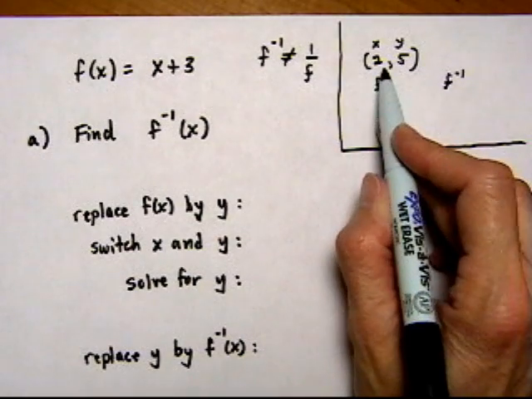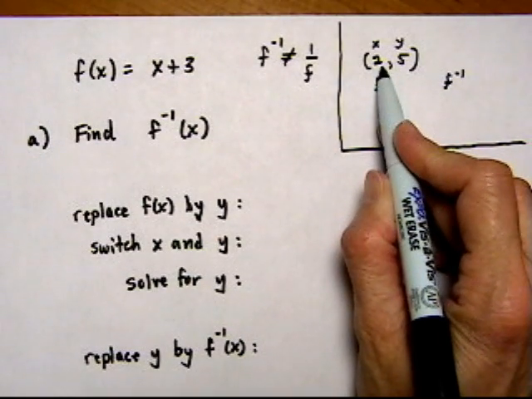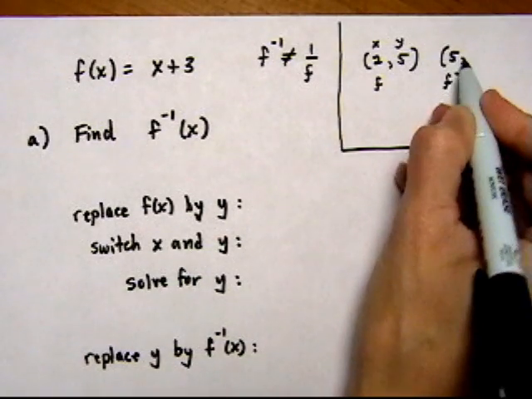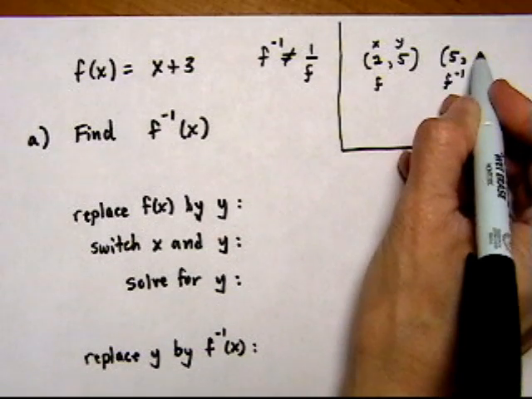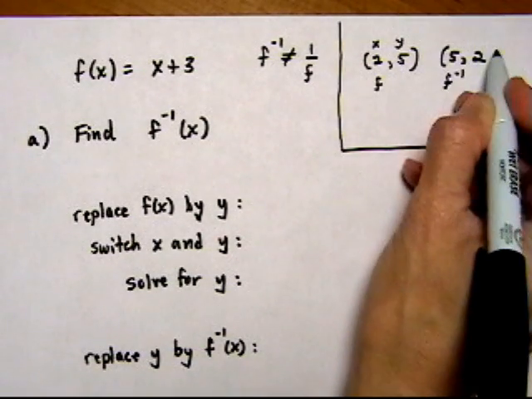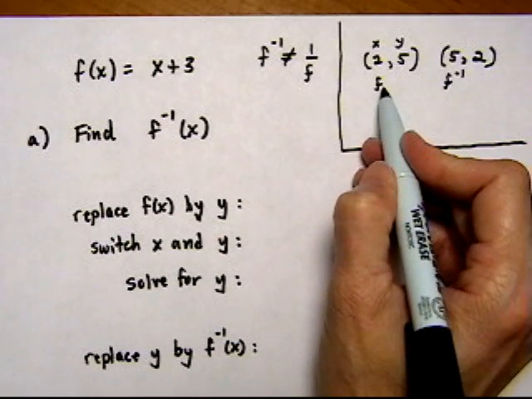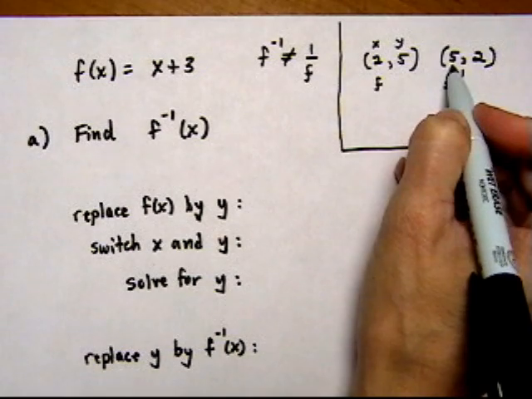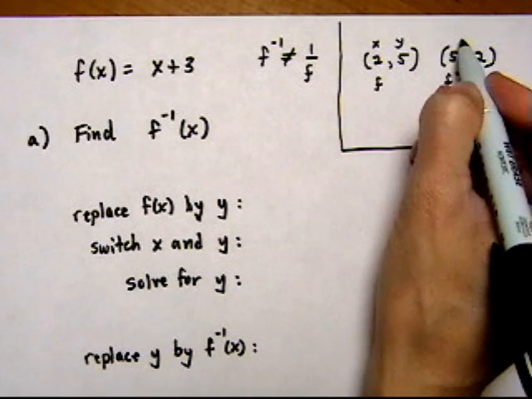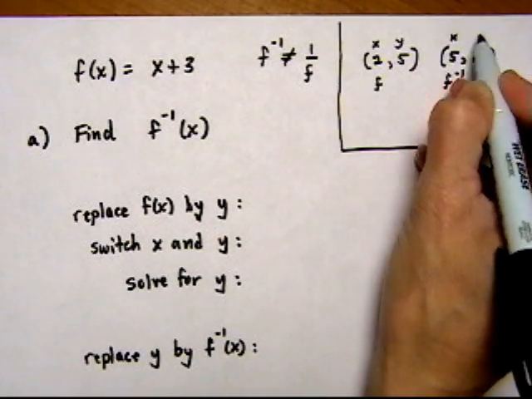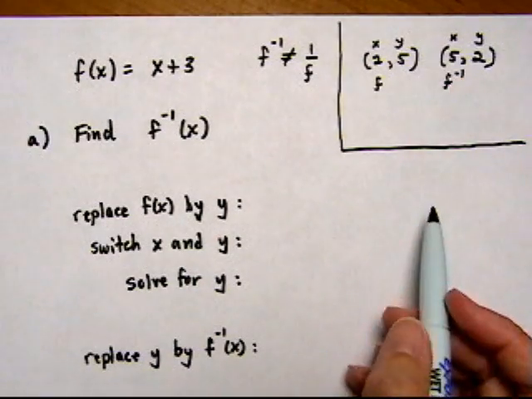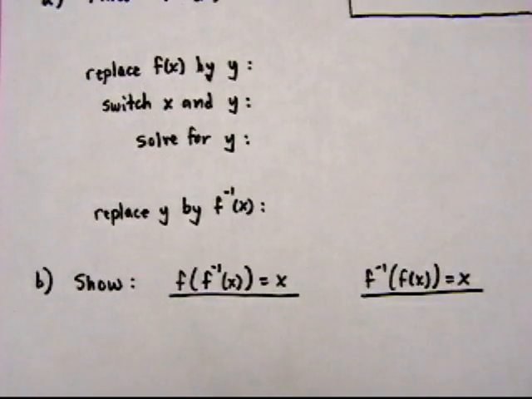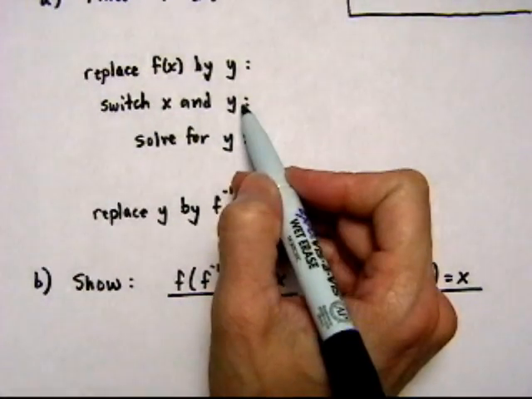So if we have an input of 2 and an output of 5, and we use that output as the input for the inverse, we're going to get the 2 back out as the output. So between the function f and its inverse, the x and y are switched: x is 2, y is 5, and here x is 5, y is 2. That's a quick example with numbers of why we're switching the x's and y's.